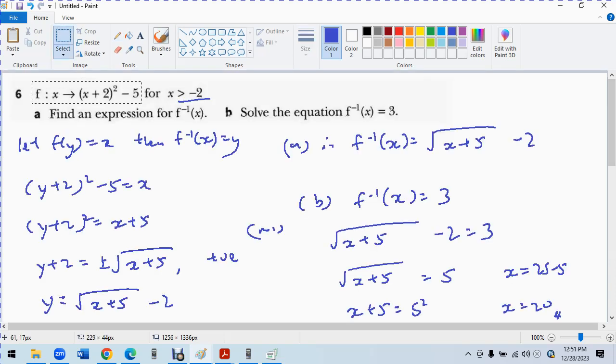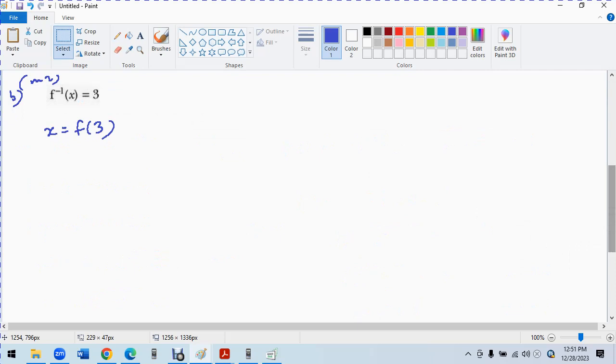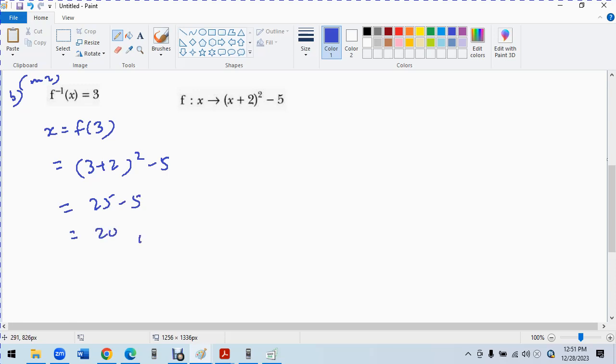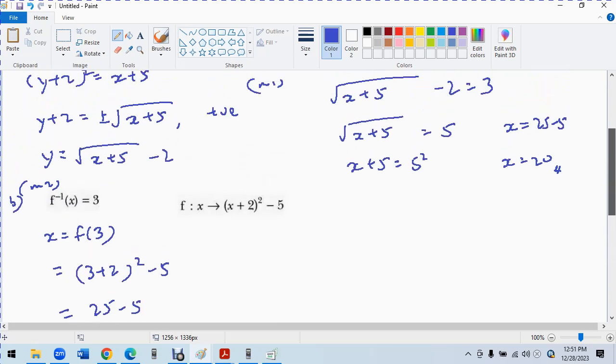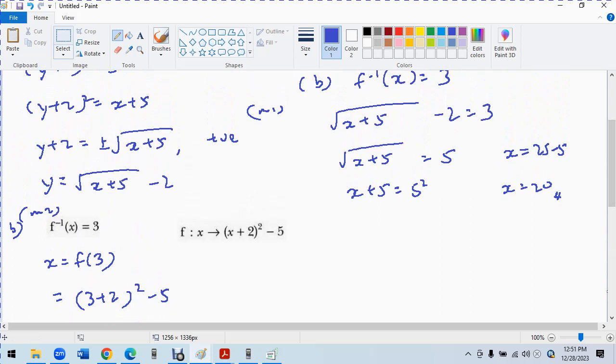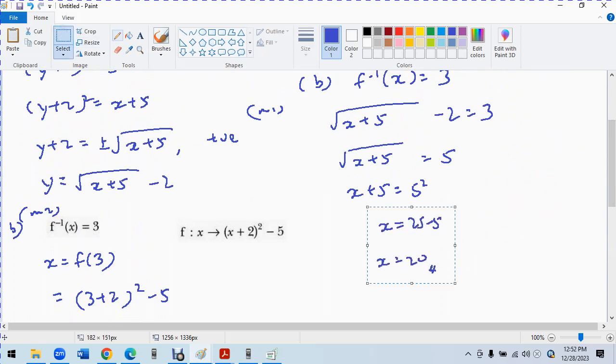So f of 3, we just substitute 3 here. Then it will become (3 plus 2) squared minus 5. So 5 squared is 25 minus 5, that is 20. So the answer is 20. Compared to solving it the first way, the second method will be easier.